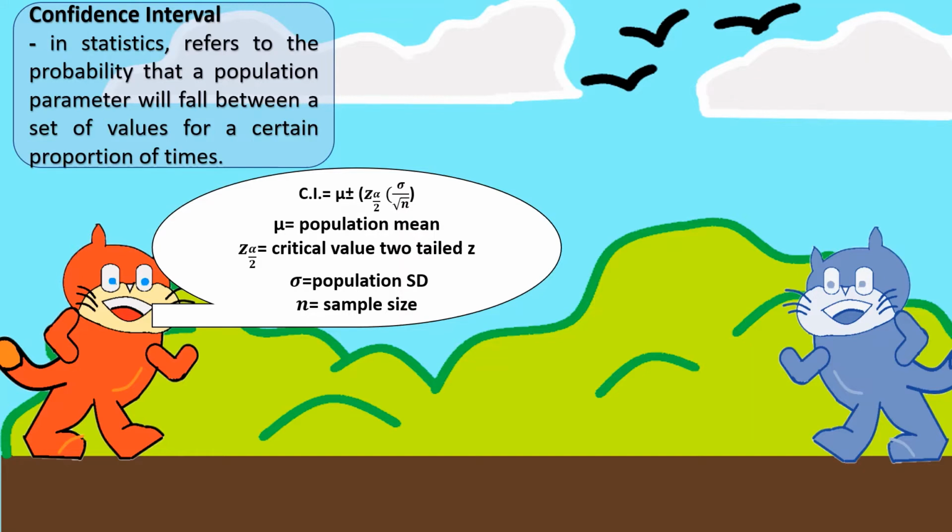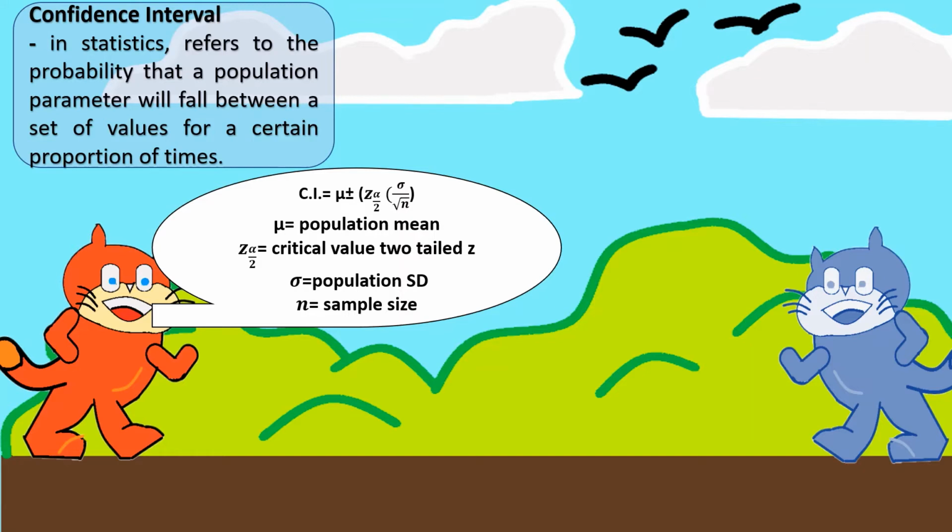Here we have the point estimate is our mu or the population mean. And our critical value is the critical value of 2 tail z.